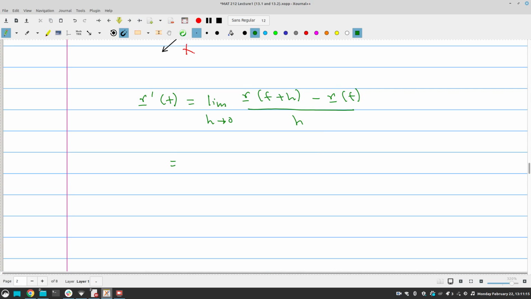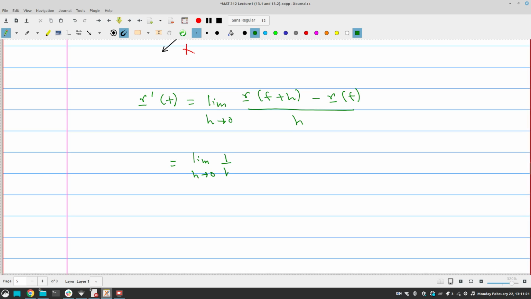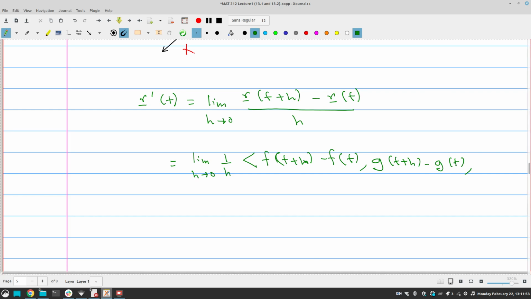This is actually equal to the limit as h goes to 0, taking out the 1 over h. This can be written as f of t plus h minus f of t, comma, g of t plus h minus g of t, and of course h of t plus h minus h of t.